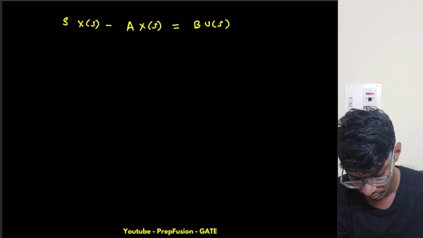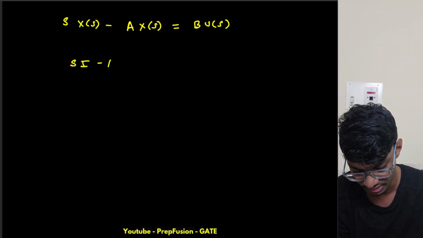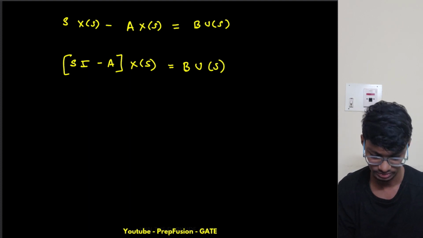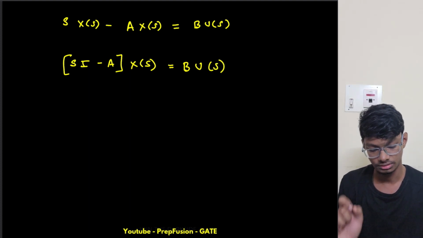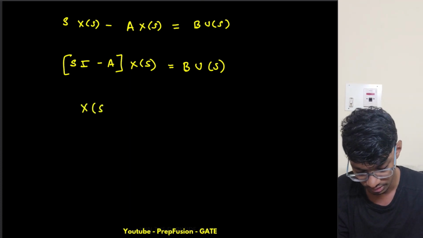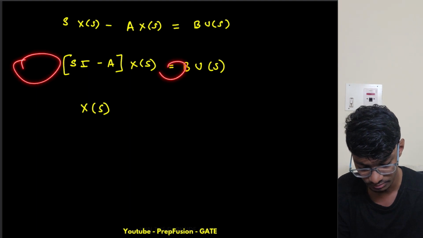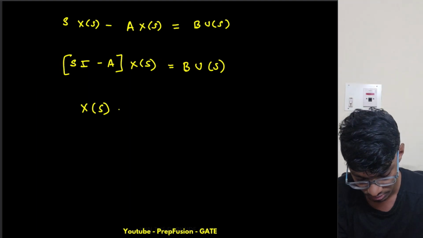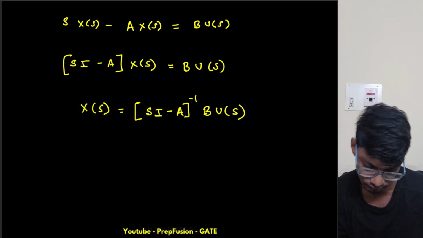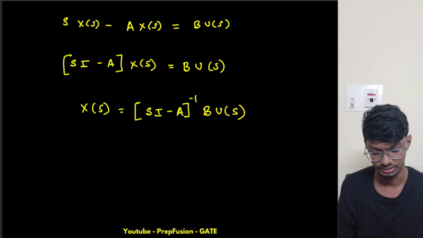This is again matrix format; s is just a scalar, so (sI minus A) X(s) equals BU(s). Now I will multiply the inverse, (sI minus A) inverse, on both sides as pre-multiplication, and this is my X(s).